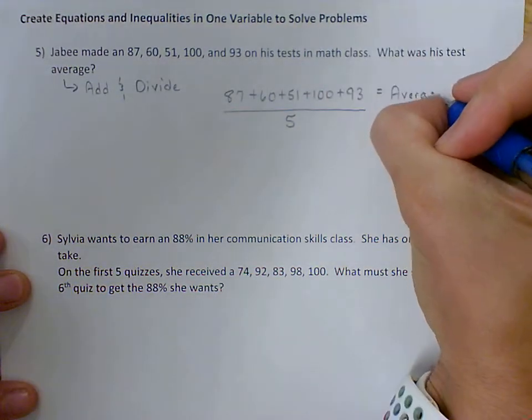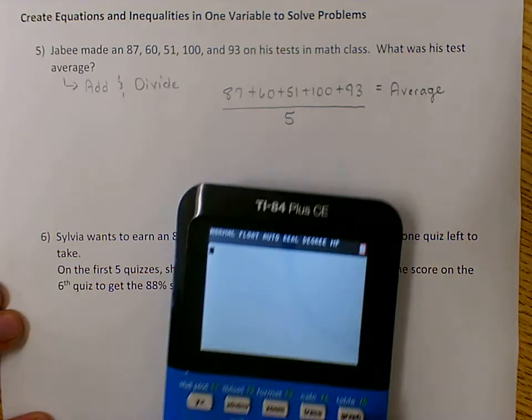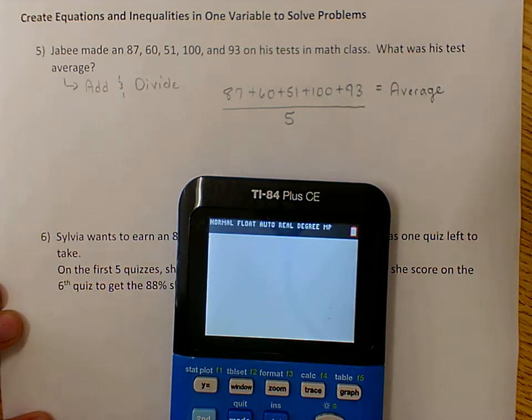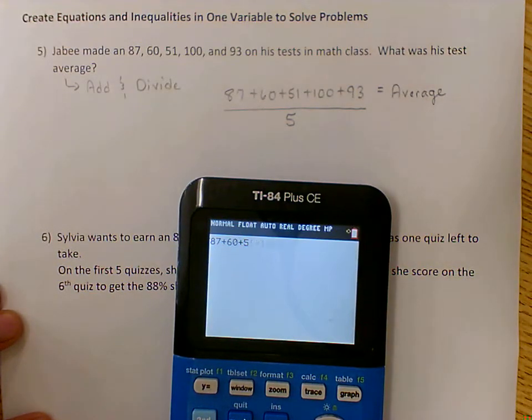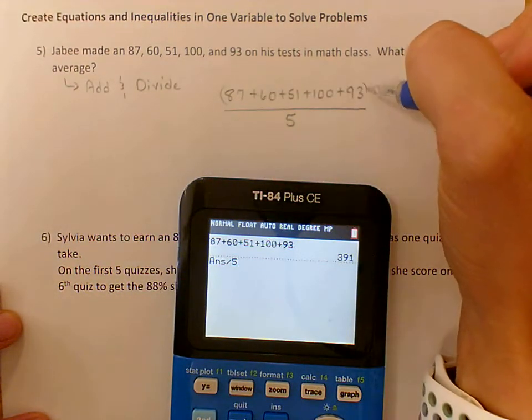Okay, so let's do that. You can grab a calculator, or if you have a calculator on your computer, you can grab that and just type it in. So 87 plus 60, 51 plus 100 plus 93. And then you divide by 5. If you wanted to type that all in at the same time, you'd have to put parentheses around the whole top part.